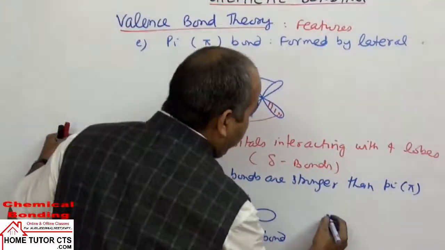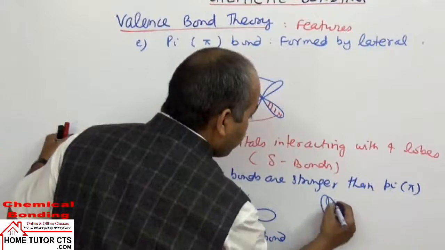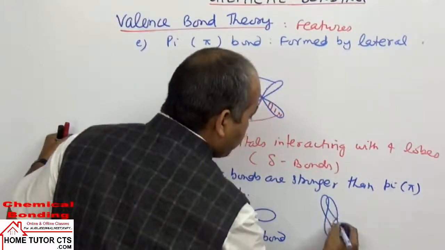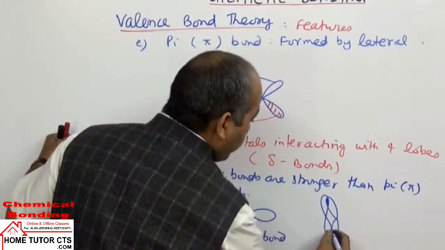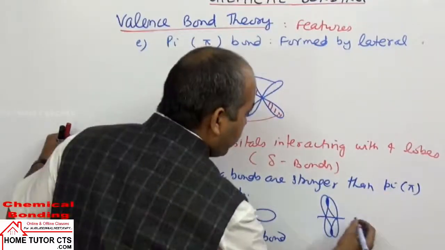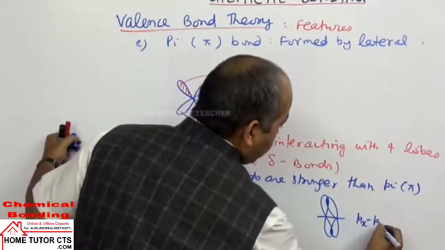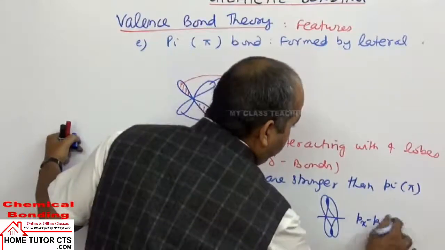Then in pi bond formation, the lateral overlapping is less, and it is taken with px or py. I can write here px, pi bond formation.